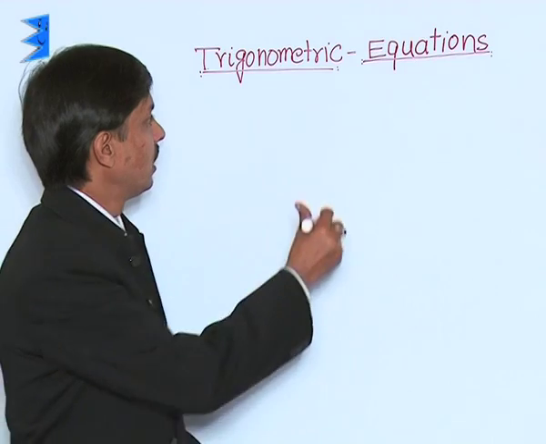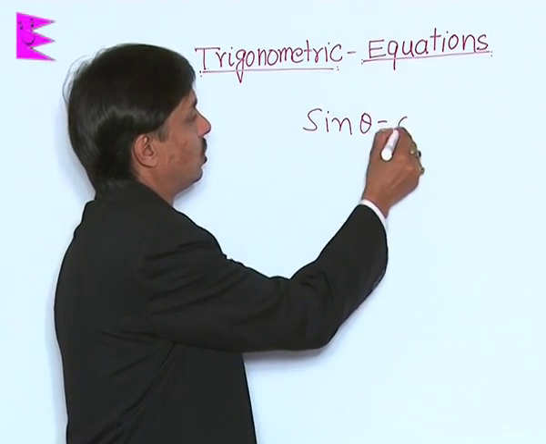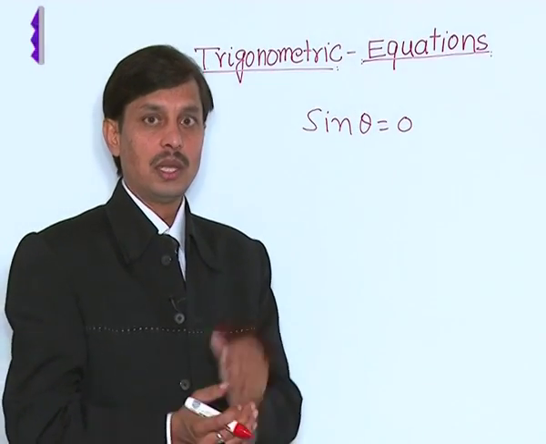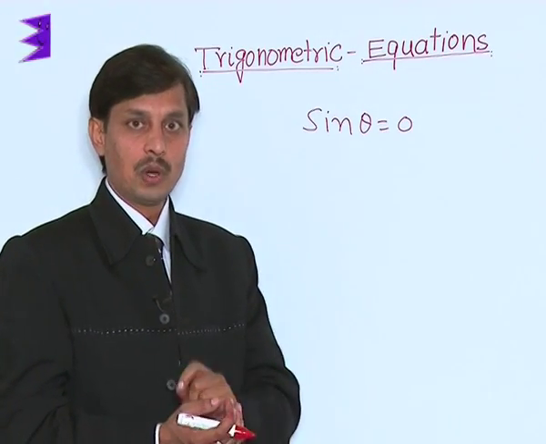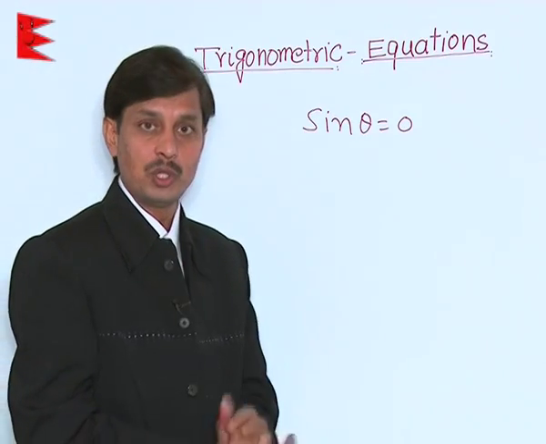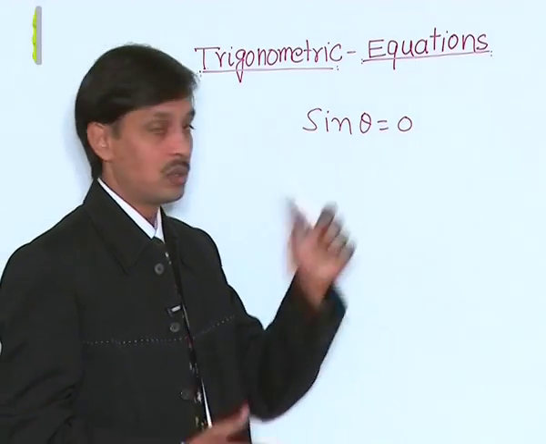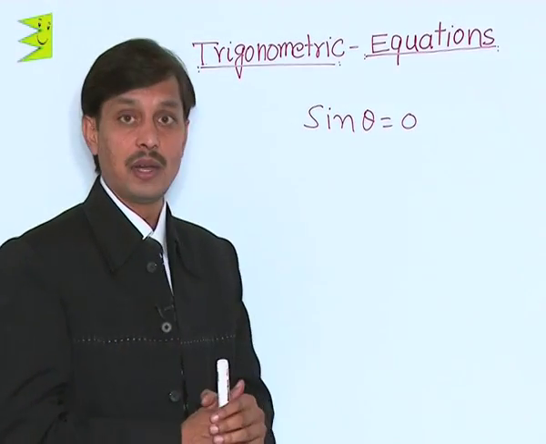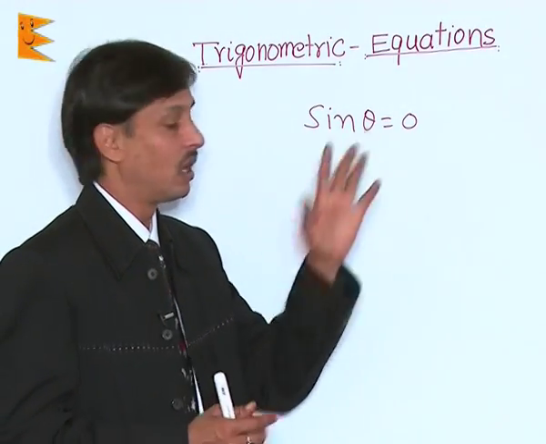If somewhere it is given that sin theta is equal to 0, then what are the values of theta? Because if I put theta as 90 degrees, sin 90 will not be 0. So sin theta equal to 0 has a few values of theta where the final result of sin on that angle will come as 0.